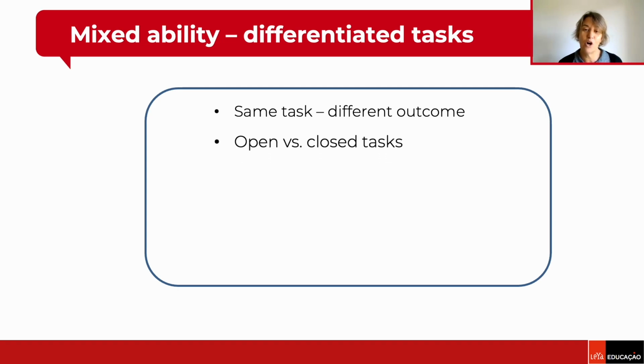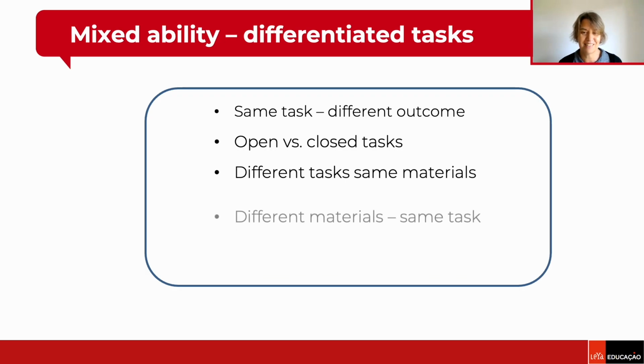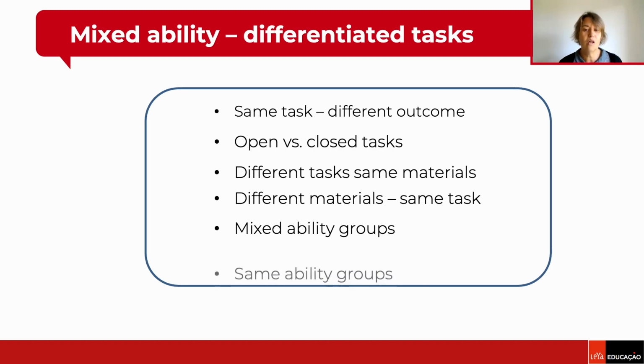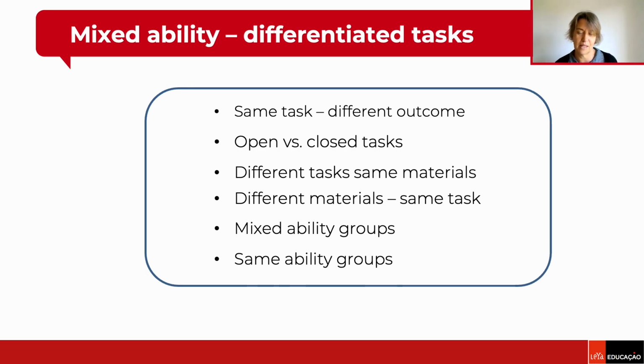Another way is to have open versus closed tasks. Another way, different tasks with the same materials. Different materials and the same task. And then, of course, the classic that I think we all do, which is to have mixed ability groups, mixing our learners so that strong learners and weaker learners are working together and helping each other, or we choose to do same ability groups, with stronger learners all working together and weaker learners all working together.